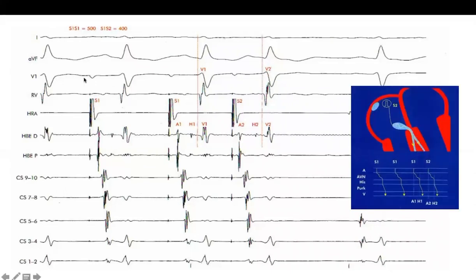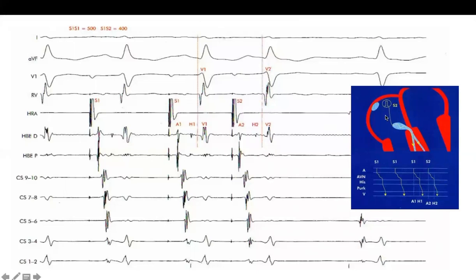So here we said the AV conduction, and I think we did explain this last time as well, we talked about the S1. If we say S1 500, S2 400, S1, S2, it means that you are talking about 500 as a drive train, from beat to beat, then you are reducing the last beat, which is the extra stimulus, simulating a PAC, for example, or a PVC, depending on the area that you are pacing.